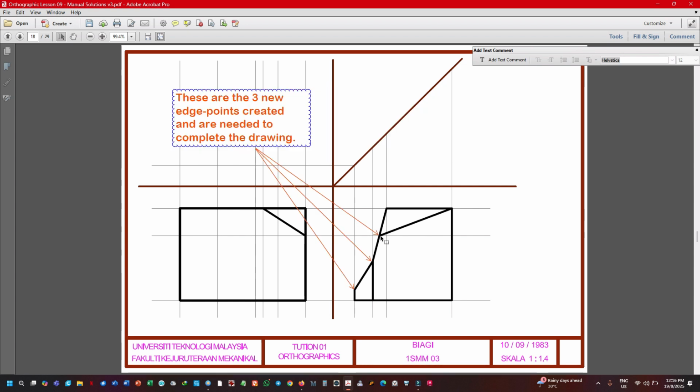Now notice you have three new edge points, 1, 2, and 3. This one is developed from this one. So what you do is project a vertical line from here to here. This one also the same.